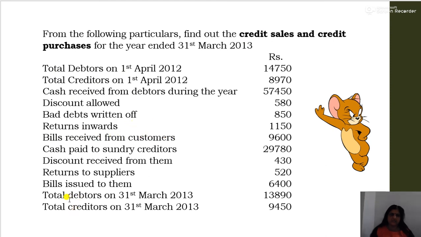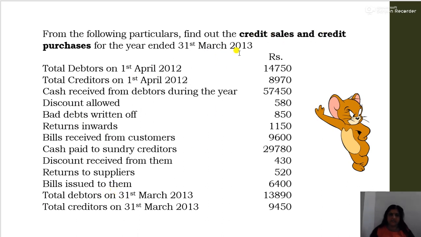Then again, there is one more thing, that is total debtors on 31st March 2013, that is the closing balance of total debtors account. Now by using these informations, you can compute credit sales.